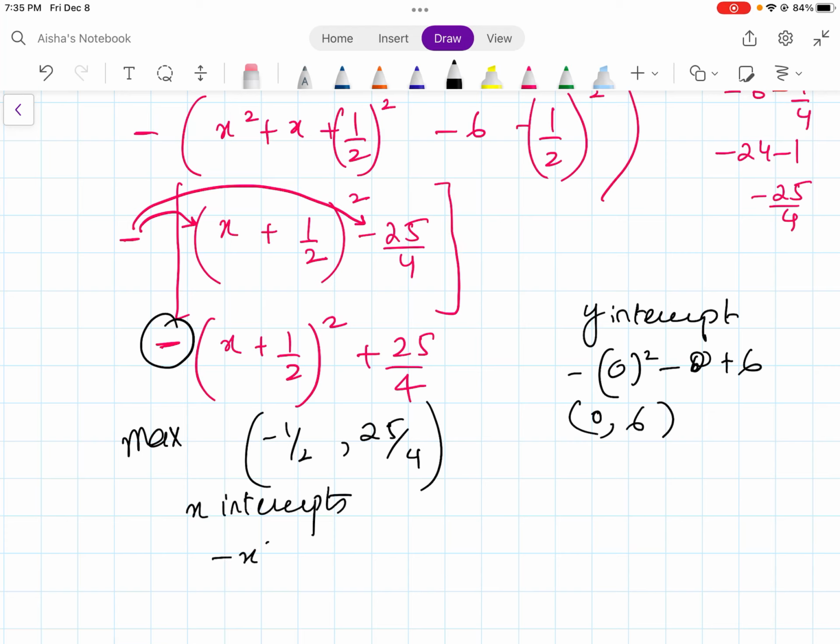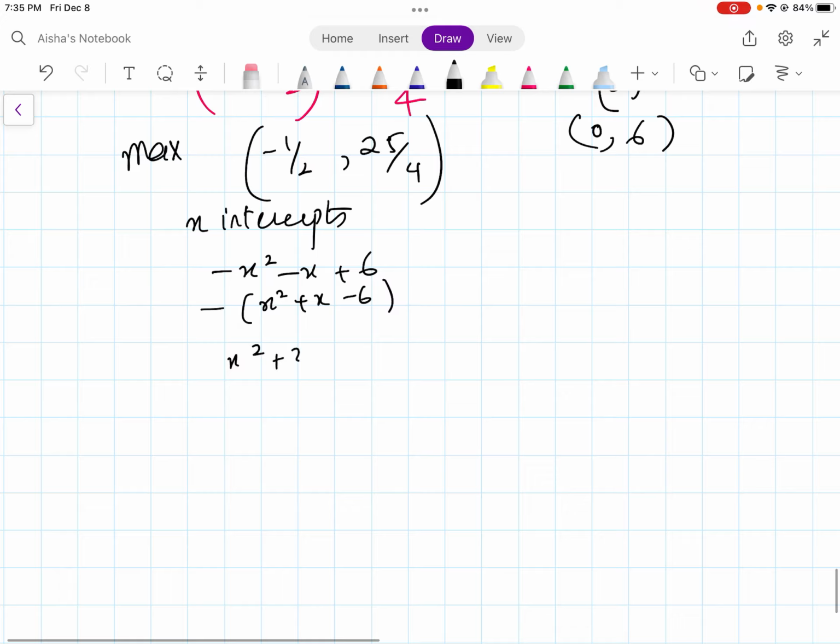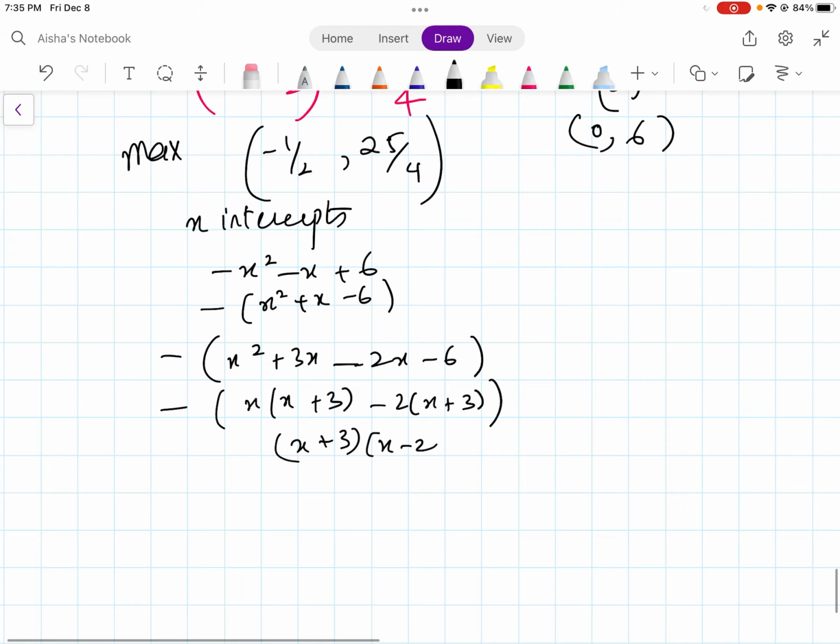We will do middle term breakup for this. So x square plus 3x minus 2x minus 6. Minus 3 comma 0 and 2 comma 0.